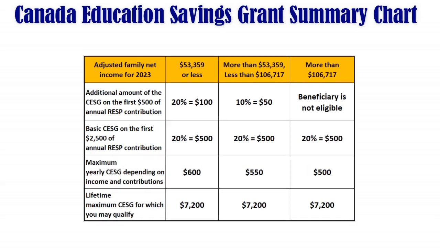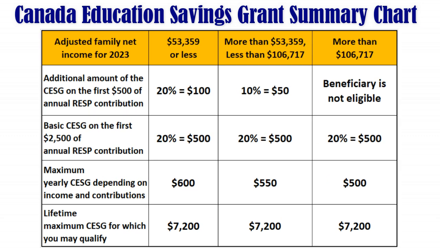This is the Canada Education Savings Grant summary chart. In this chart, you can find three different adjusted family net incomes for 2023. Based on your family net income, you will receive the Canada Education Savings Grant from Employment and Social Development Canada. For example, if your adjusted family net income is $53,359 or less, then you will receive an additional 20% CESG on the first $500 of annual RESP contribution, which will be $100.